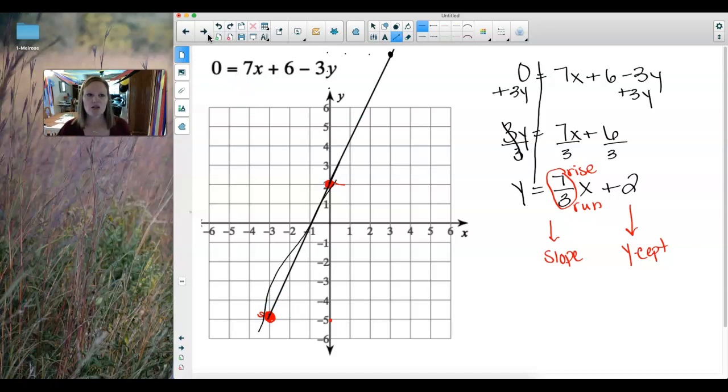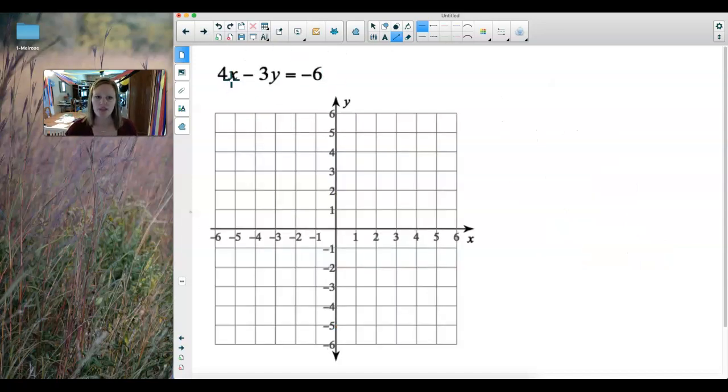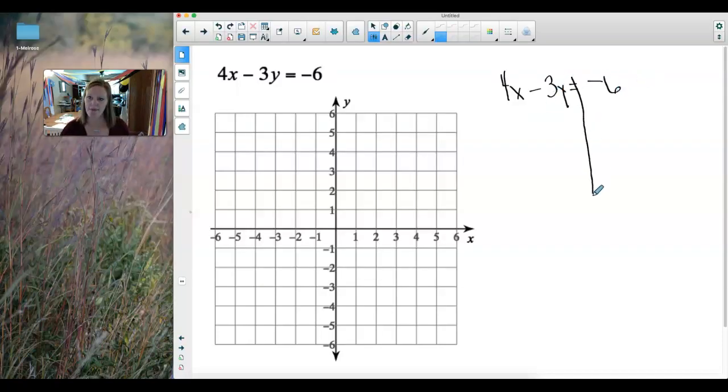Okay, so let's try another one. This one we have 4x minus 3y equals negative 6. So let's start with that equation, and we're going to solve for y. I'm going to move the 4x to the other side, so subtract 4x from both sides.